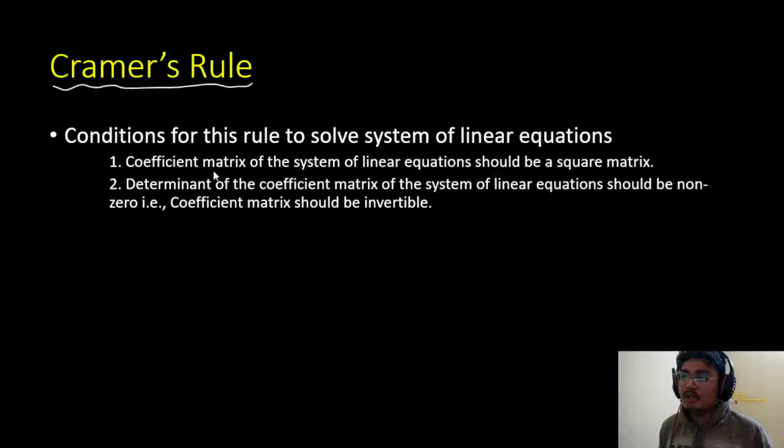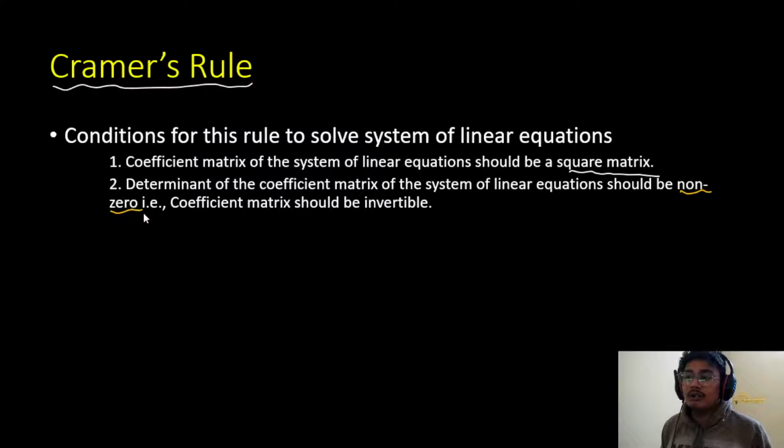The first condition is that the coefficient matrix of the system of linear equations should be a square matrix, meaning rows and columns should be equal. The second condition is that the determinant of the coefficient matrix should be non-zero.